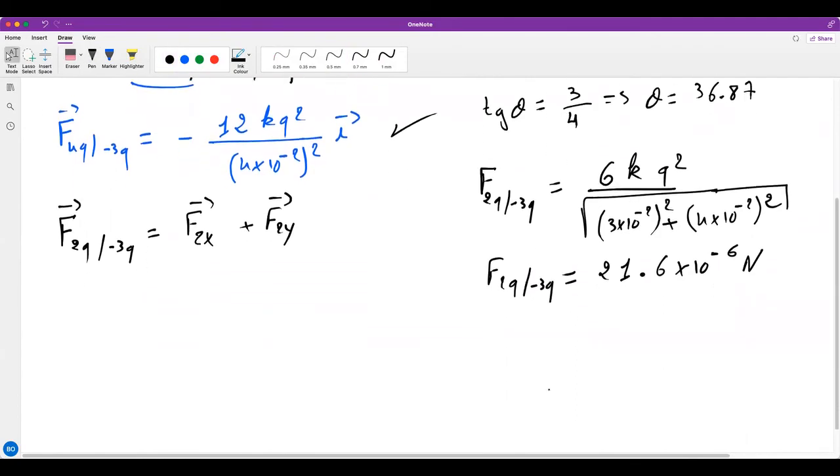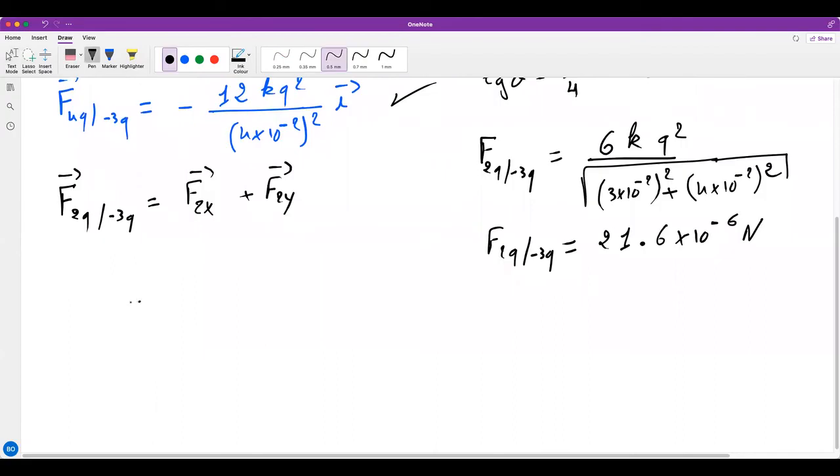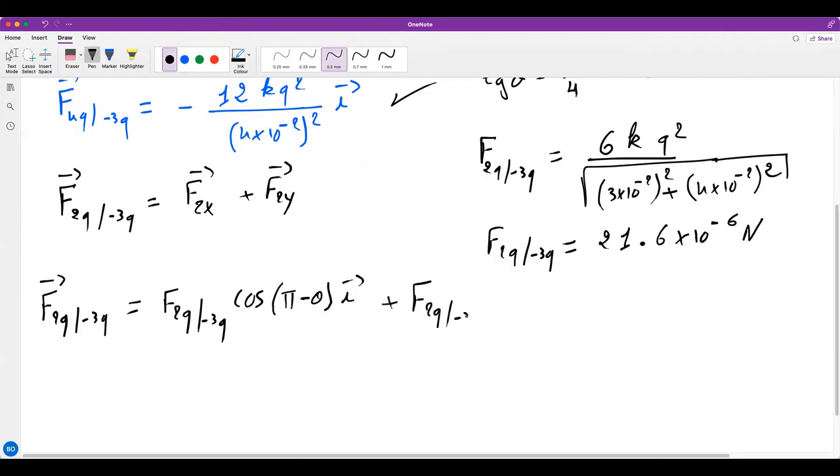Now we can easily see that if we do the projection, this force will be equal to F2q on minus 3q magnitude times cosine of (pi minus theta) i, plus F2q on minus 3q times cosine of (pi over 2 minus theta) j.